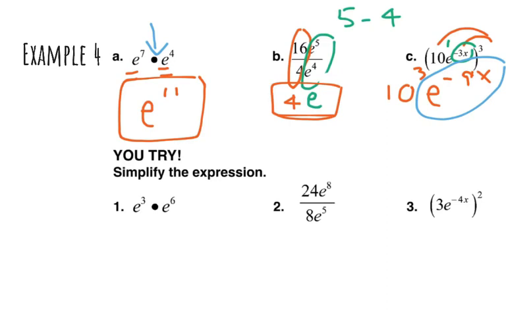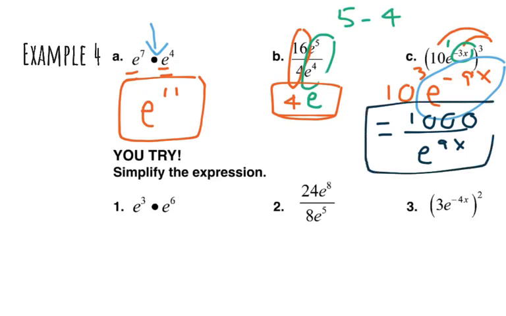Remember, we don't ever leave things with negative exponents, so I'm going to simplify that and make it a positive exponent by moving it down to the denominator. Okay, so let me write that out. Notice when I wrote that out, I also simplified 10 cubed as 1,000 instead of leaving it as 10 cubed. So that's my final answer. I can't take it any further, and I've done all my exponent rules.